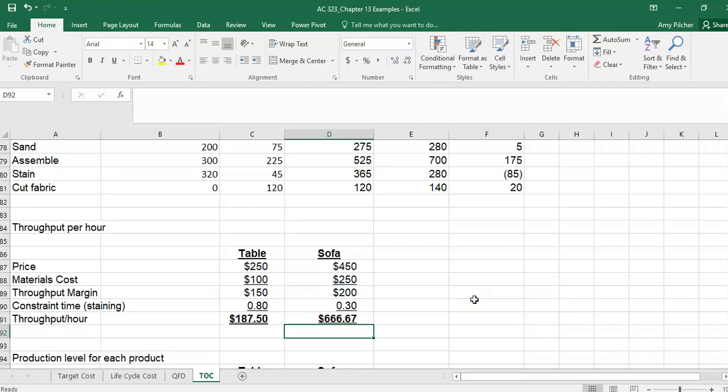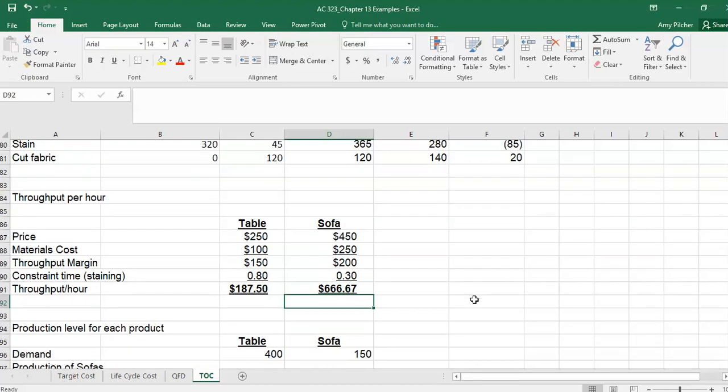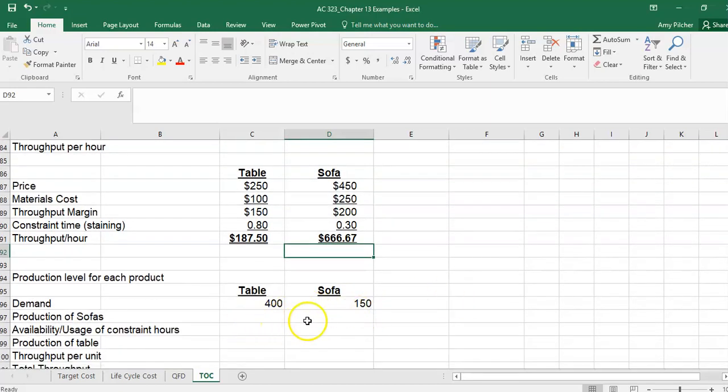So based on the available amount of hours we have to stain, it is financially beneficial to us to create all of the sofas before we put any of the available hours on tables. So we're going to determine our production level based on that. We're going to produce all of the sofas.